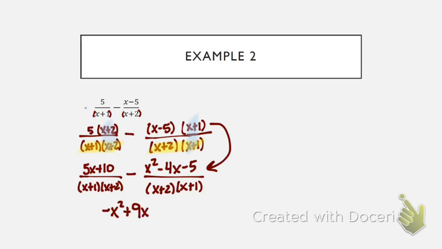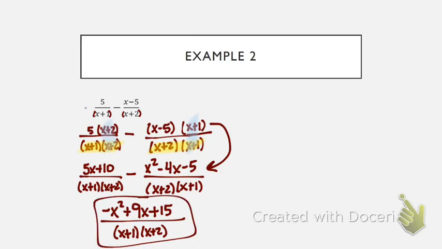And then I have 10 minus 5, which is 15. And that's my answer.